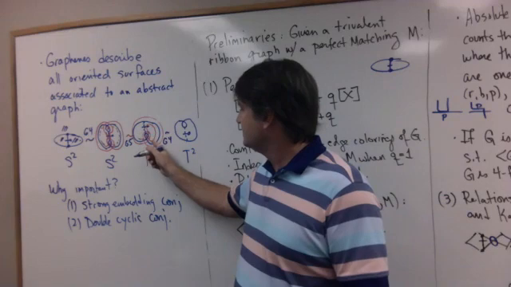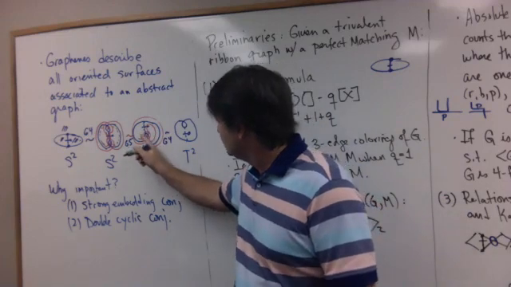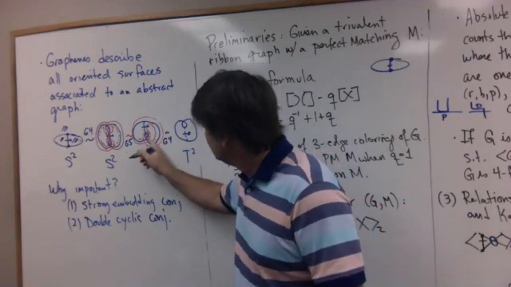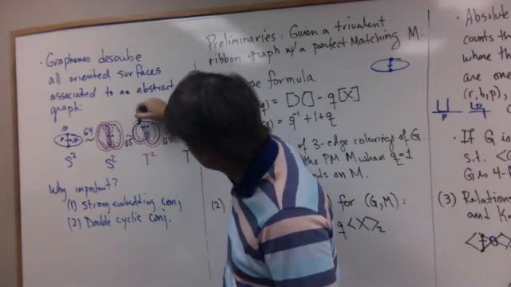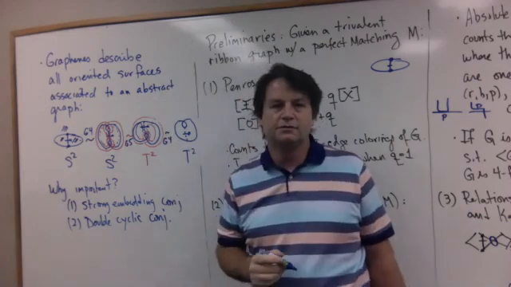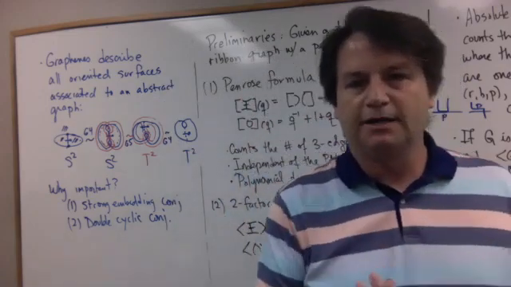You can see that this disk right here is on both sides of that edge. So that would not be a strong embedding.